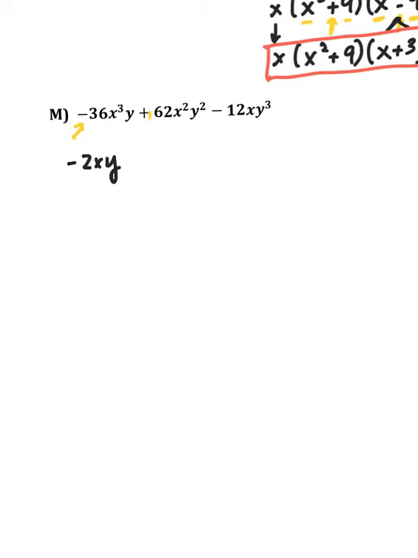Remember, all our signs are going to change, so be careful as you're pulling them out in the parentheses. In our parentheses, we should be left with 18x squared. Change your sign. Minus 31xy. Change your sign. Plus 6y squared.